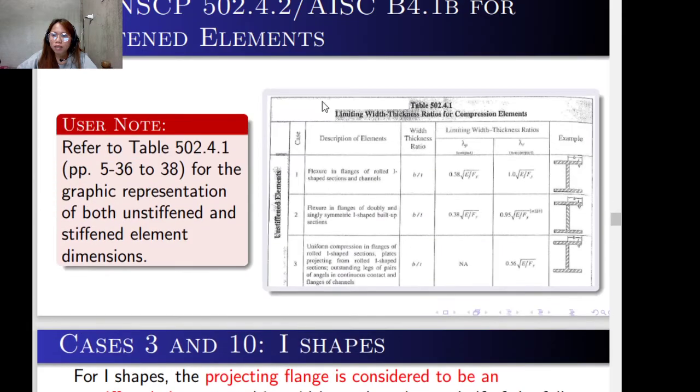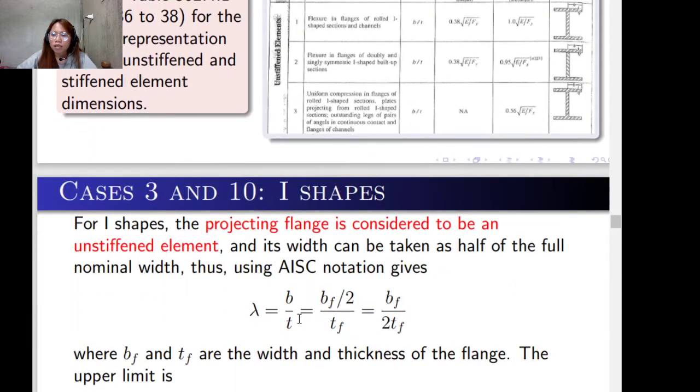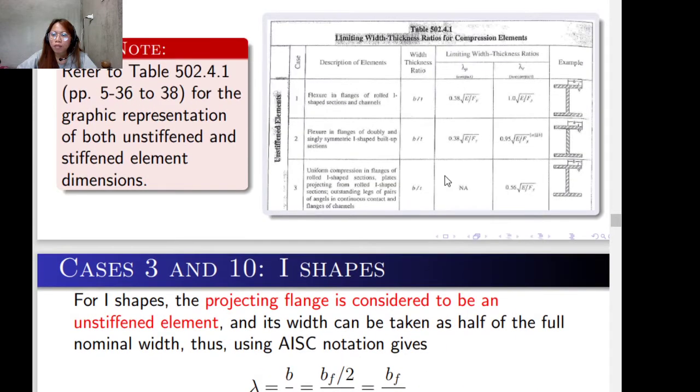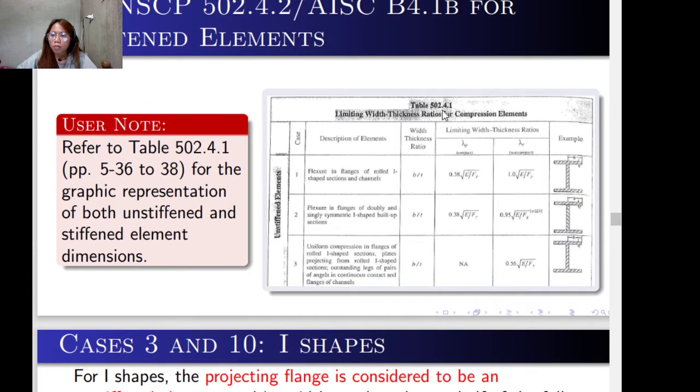So we discussed those elements that satisfy, meaning if you remember the table, this table 502.4.1, the limiting values for stiff, for compact and non-compact are this, and this is your lambda, width to thickness ratio.